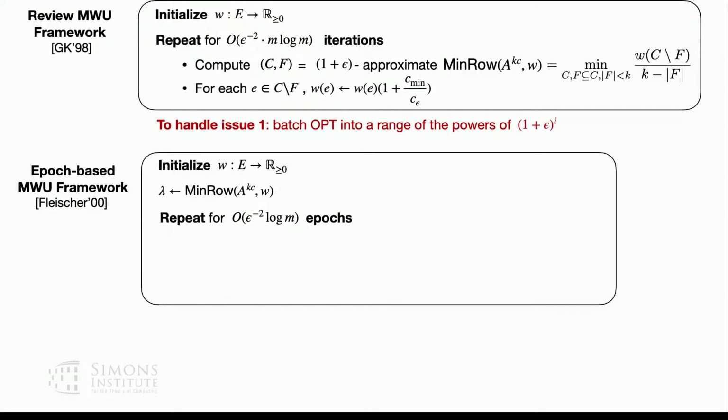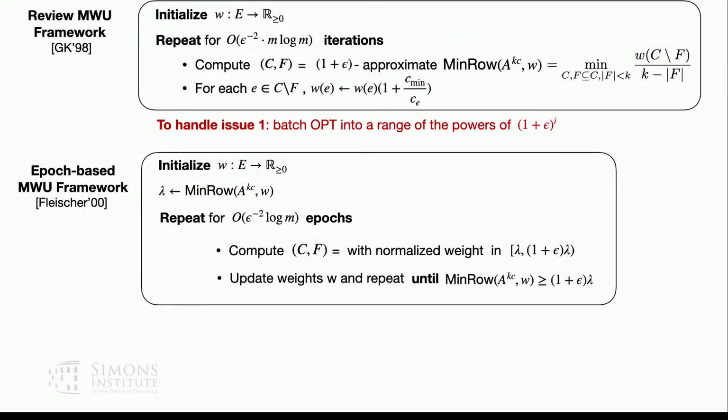First, compute lambda, which is the min ratio at the current weight, and repeat the following epochs. You only need to do this log n over epsilon squared epochs. And how to do each epoch? In each epoch, compute the min ratio problem, which is C and F here, such that the normalized weight is within this range, update the weight accordingly, and repeat.